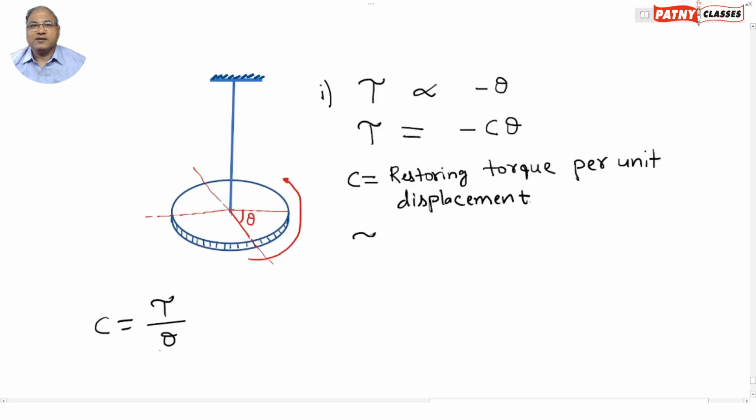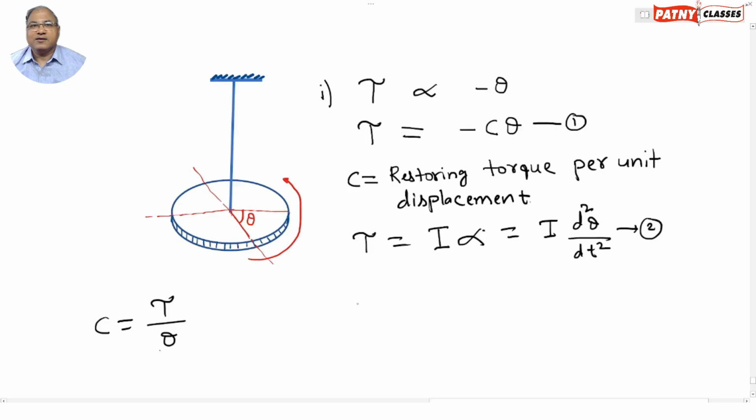But tau is also equal to I alpha. I is the moment of inertia of the disk, and alpha is the angular acceleration. So this is equal to I multiplied by d2 theta by dt square. So tau equals minus C theta, call it equation 1, and tau equals I d2 theta by dt square, call it equation 2.